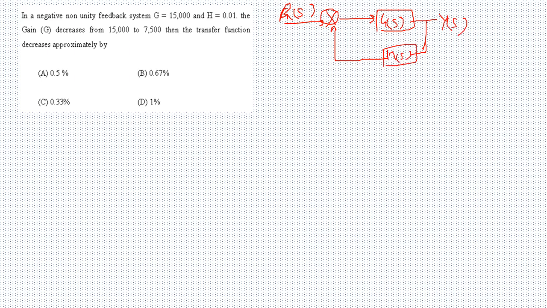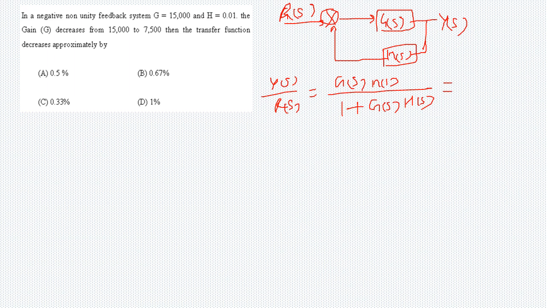We know that the transfer function is Y(s) over R(s), which is G(s)H(s) over 1 plus G(s)H(s). Let us assume this is M(s). Now we are asked what will be the change in M(s) if there is a change in G(s).